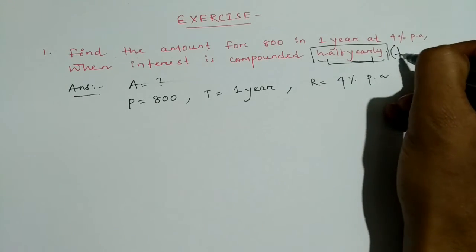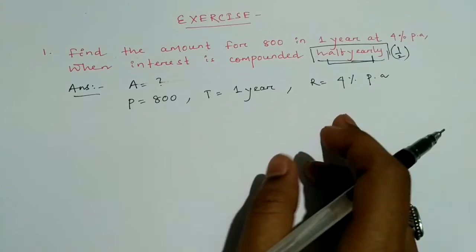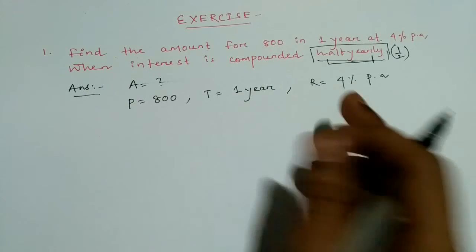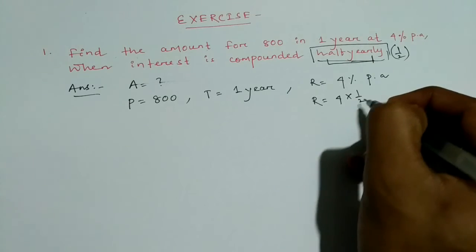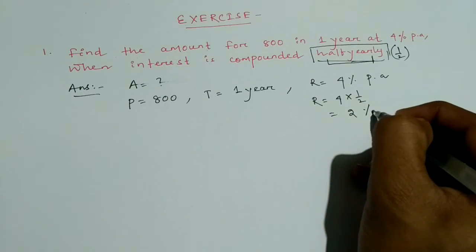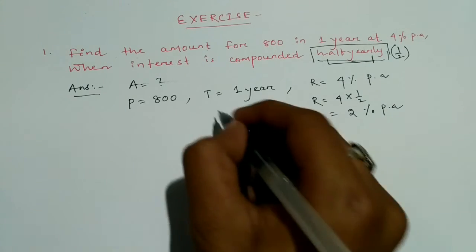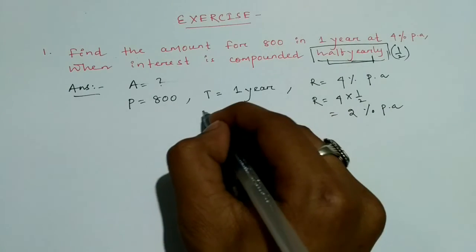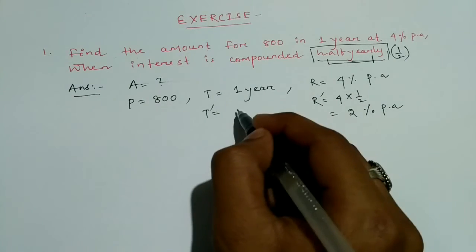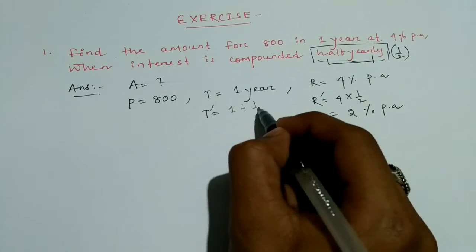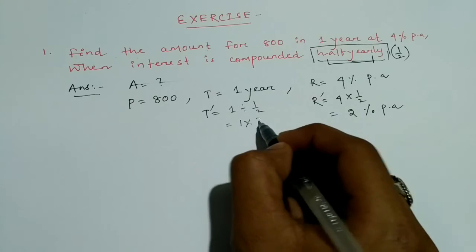So half yearly means 1 by 2. As I said, rate of interest will be multiplied. So 4 multiplied with 1 by 2 gives 2% per annum, and time will be divided. So T will be, let's say T dash. T dash will be 1 divided by 1 by 2, which means 1 multiplied with 2.